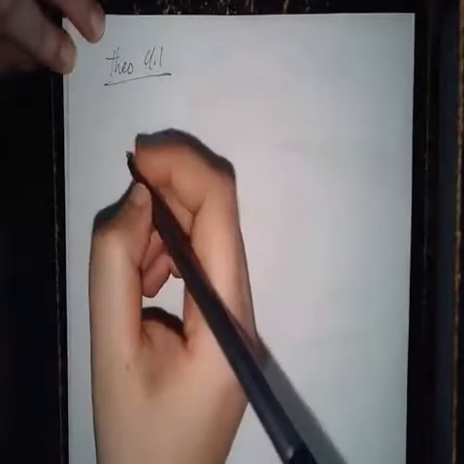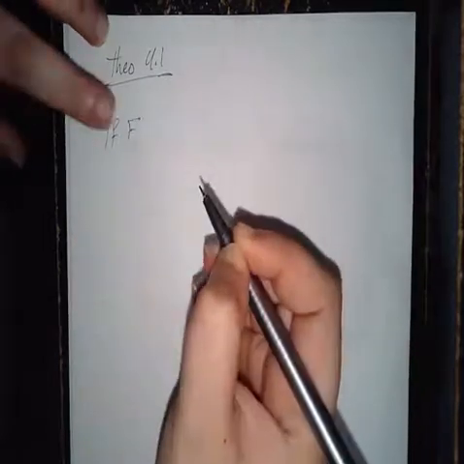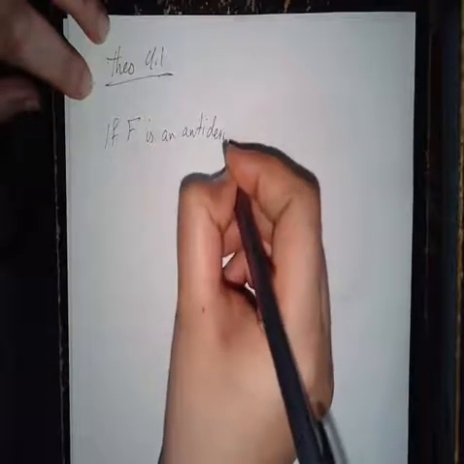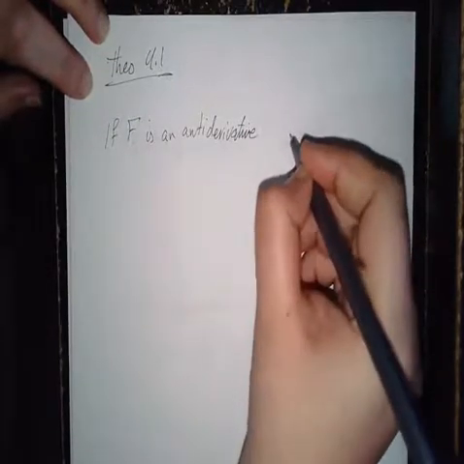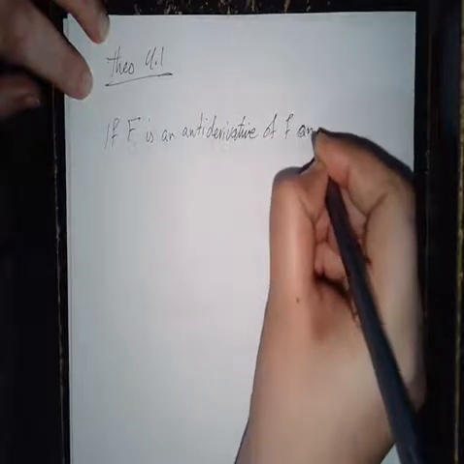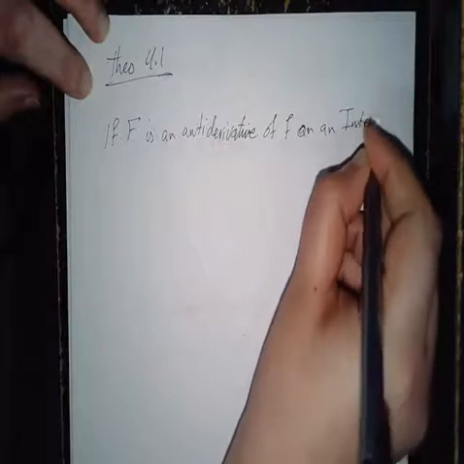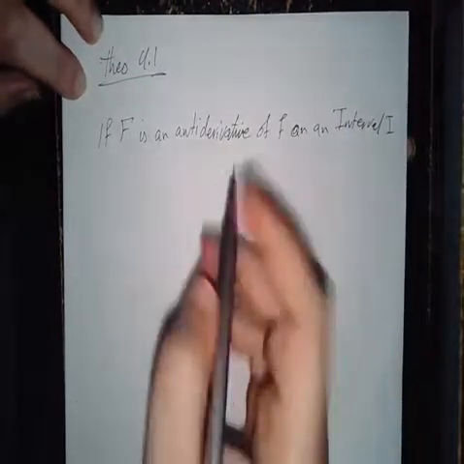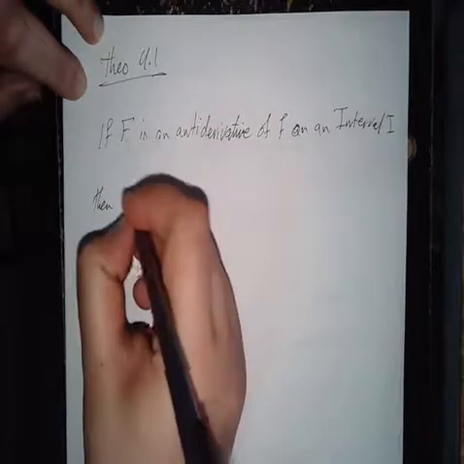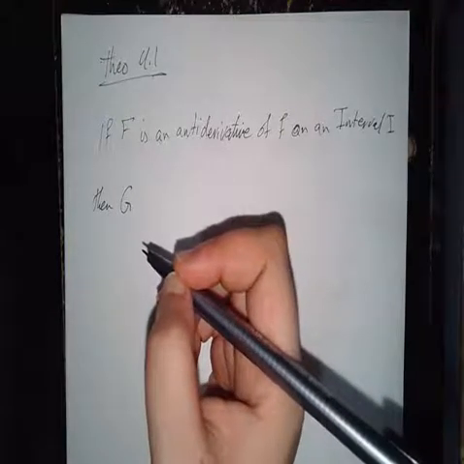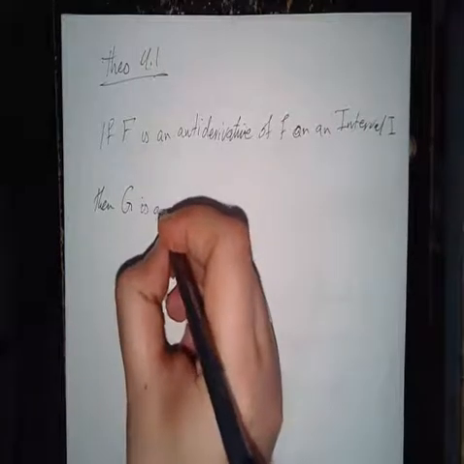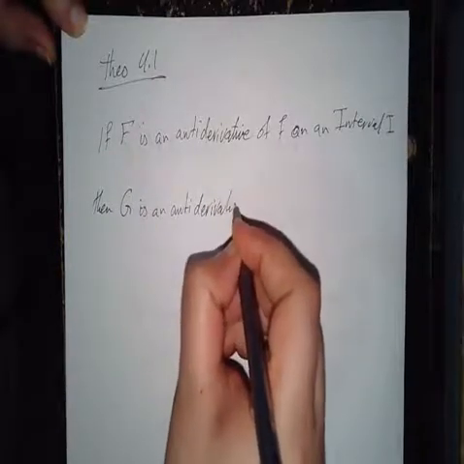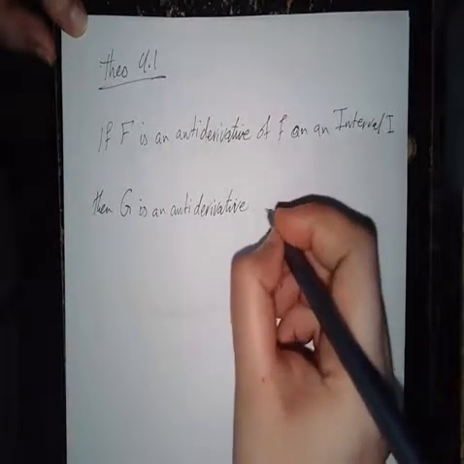Now, the theorem says, if capital F, note the letter, is an antiderivative of f on an interval I, then G, which is supposed to denote a different function, and then we're going to establish what the relation is, an antiderivative of f.